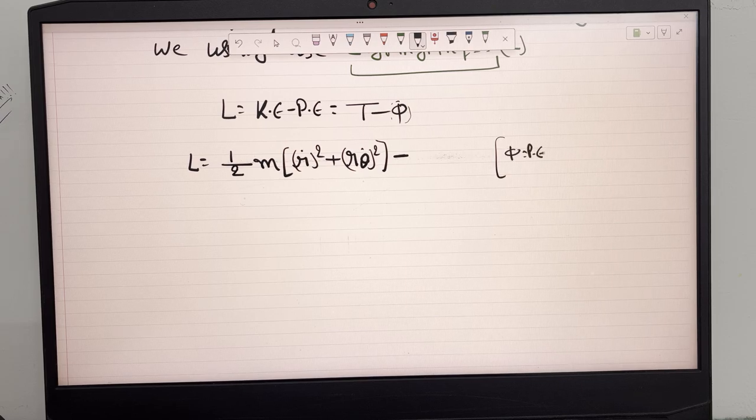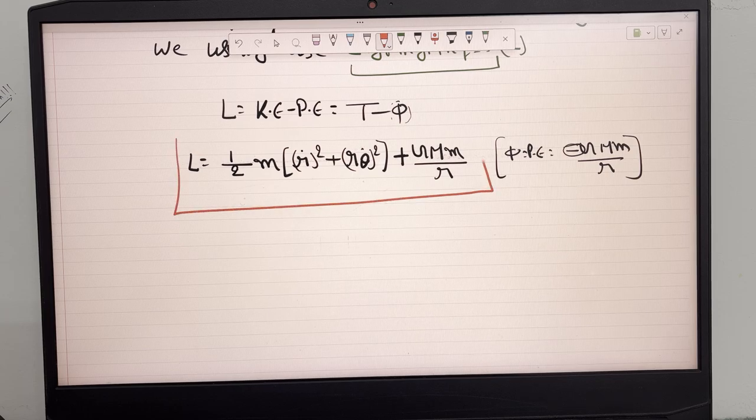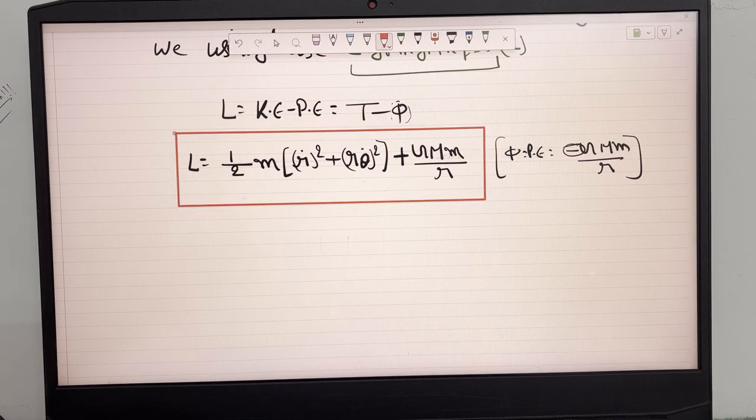The formula for potential energy is minus G capital M small m divided by r. So this minus and minus will become plus, G M m divided by r. This becomes your Lagrangian function, basically the equation of motion.